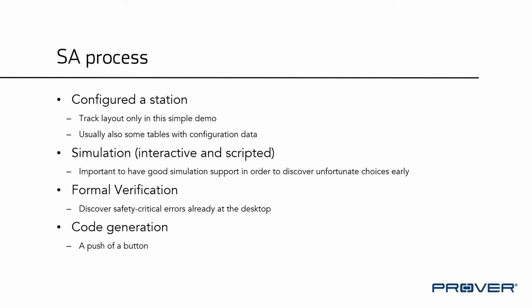It might prevent some simultaneous routes that you actually want and so on. So it's very useful to find such omissions early by doing interactive simulation. And also the scripted ones, but scripted ones are more useful for running many test cases. So generic test cases that you want to run for all instances, for example, while interactive simulation is more useful for playing around and understanding the system.